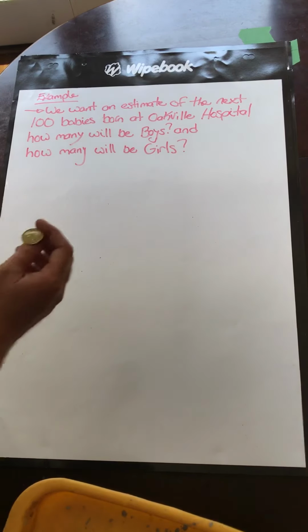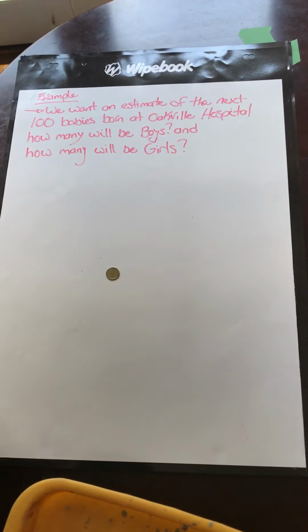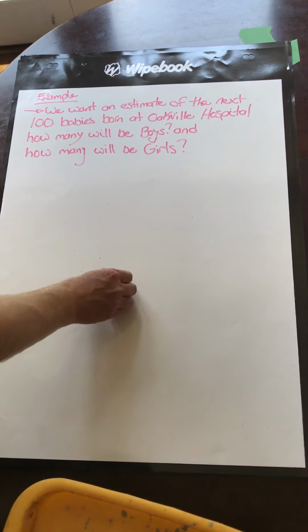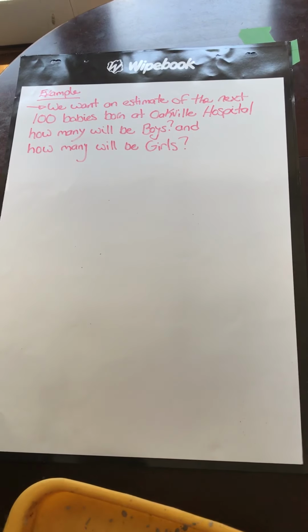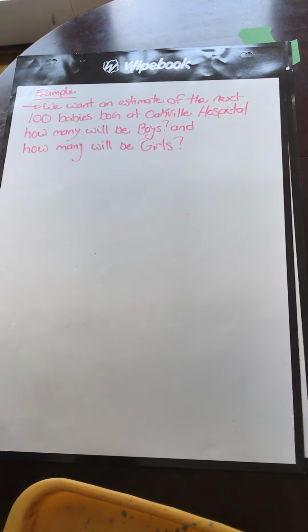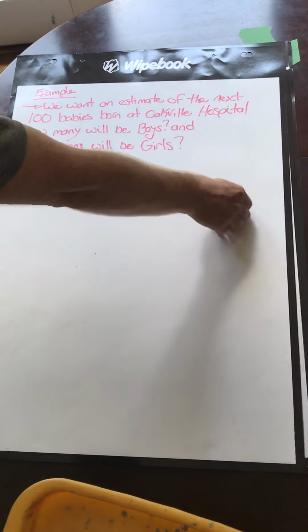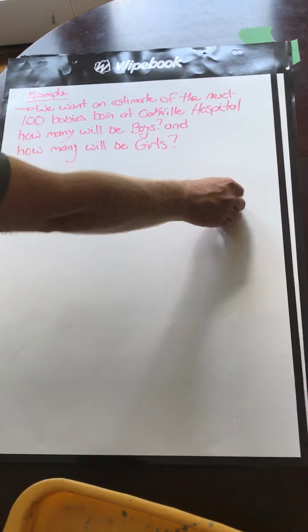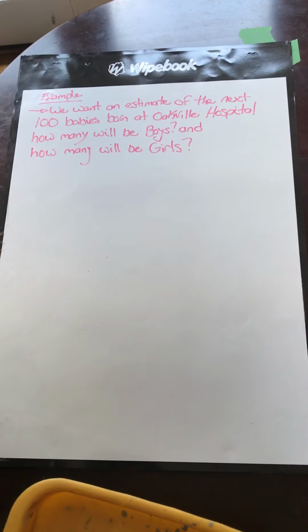So what we're going to do is toss the coin 100 times. There's a head, so we record that as a baby boy. We would toss it again. Tail, girl, and we would record this information. Toss it again. Head for boy, and we would continue on recording that information for 100 simulations.